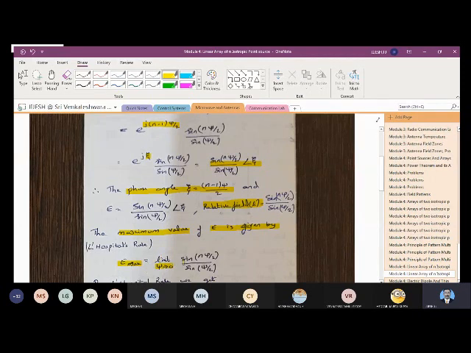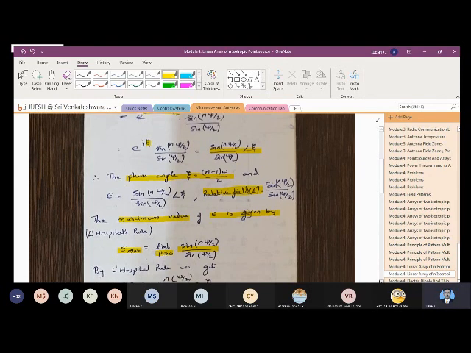Limit of psi tends to 0, sine of n psi by 2 by sine psi by 2. So we have to solve it using L'Hospital's rule, which you have studied in mathematics. So we are going to use that. So E maximum can be found by limit of psi tends to 0, sine of n psi by 2 by sine psi by 2.